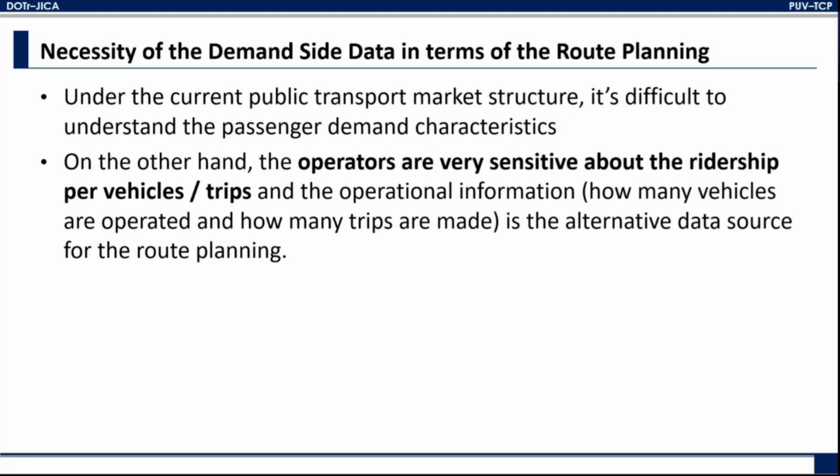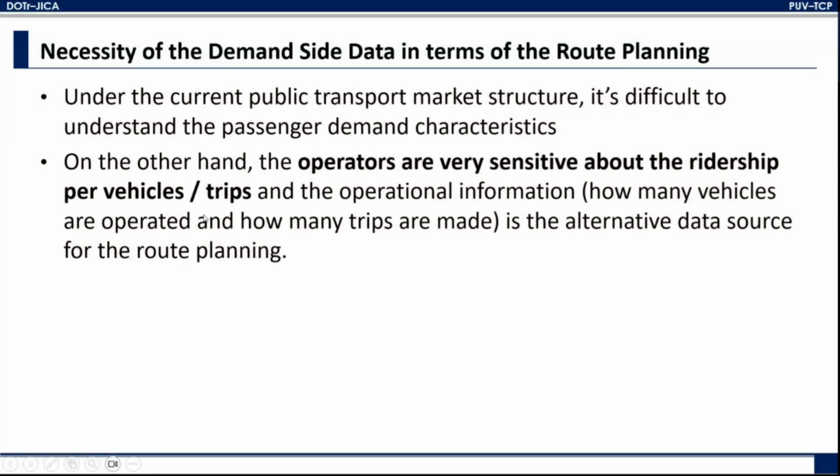But there are so many so-called micro enterprises in Metro Manila, Philippines, so collecting detailed and accurate operational information is much more difficult. On the other hand, the operators are very sensitive about the ridership per vehicle per trip. And in that case, operational information is not so detailed.